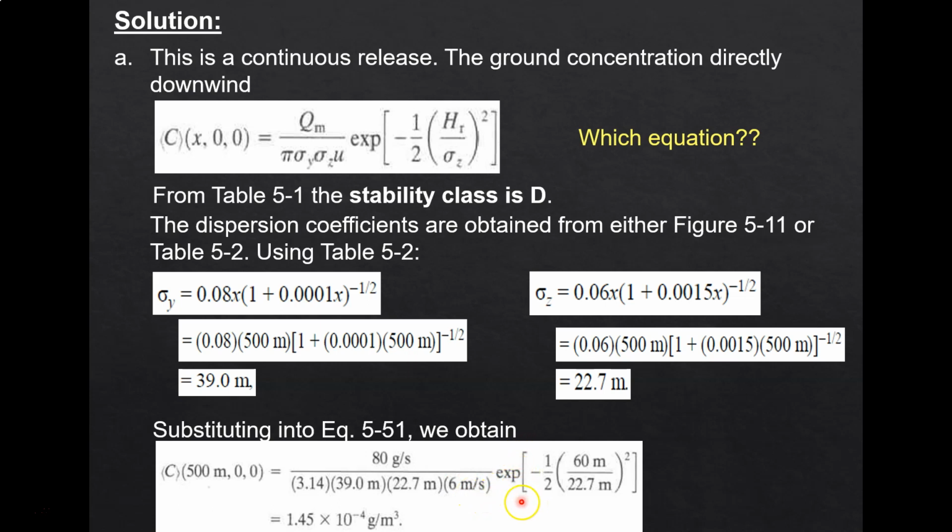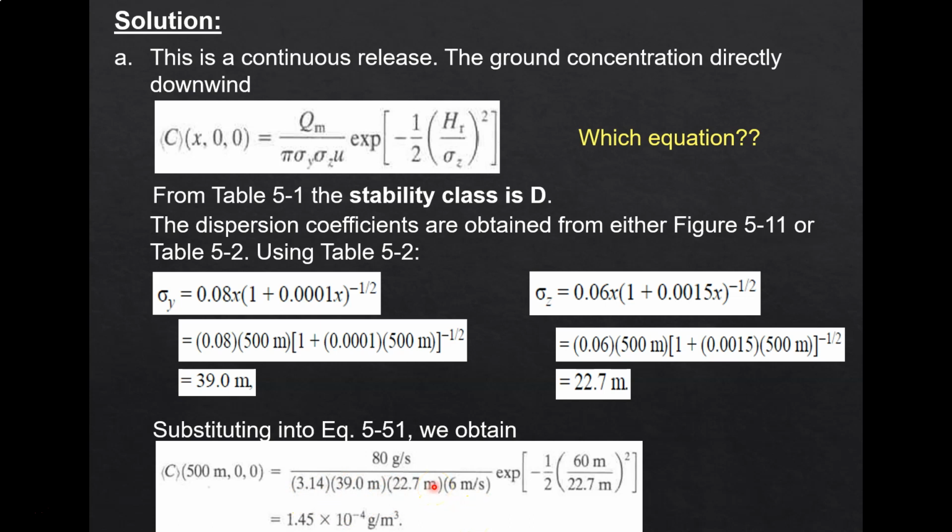Exponent of negative 1/2, effective height H_R divided by sigma z, squared. So you got your concentration at 500 meters downwind. This is your concentration at that location.